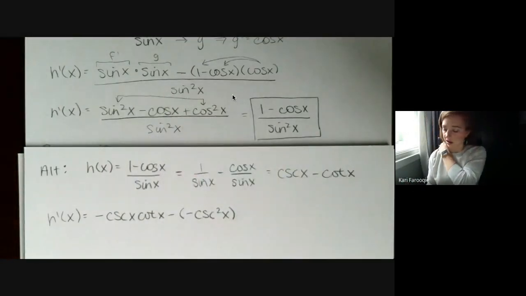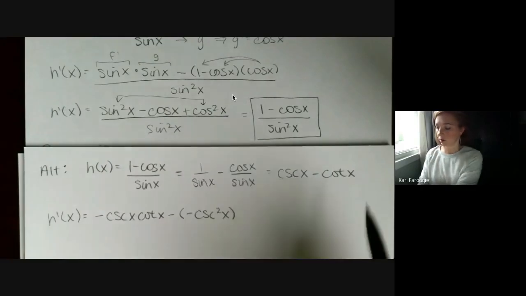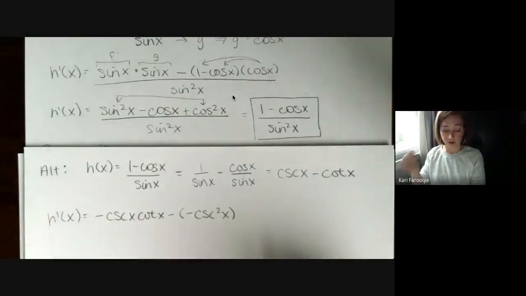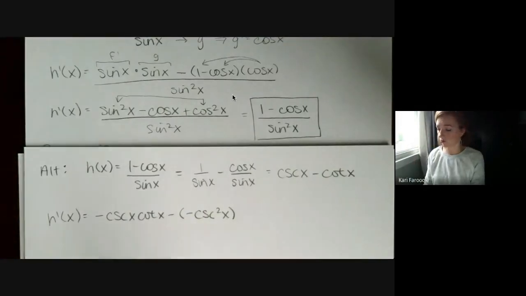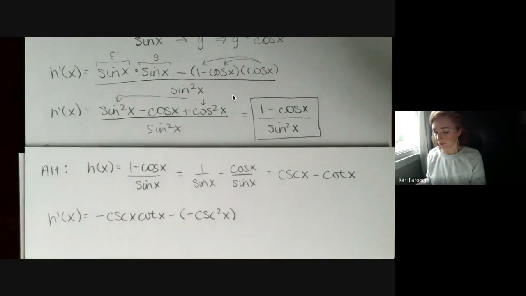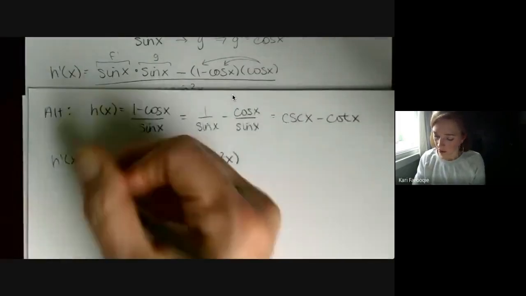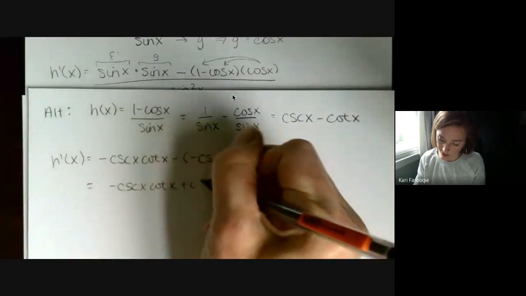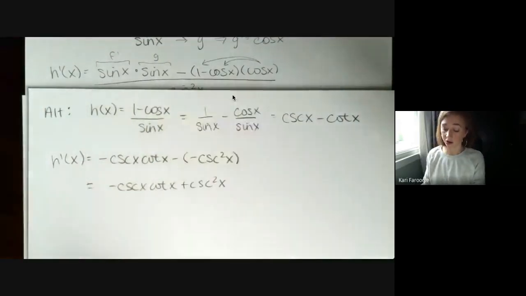So again, just taking you back to those derivatives for cosecant and cotangent. And then you just have to simplify this, which is no big deal. So you would just say this is negative cosecant x cotangent x plus cosecant squared x, and you'd be done.